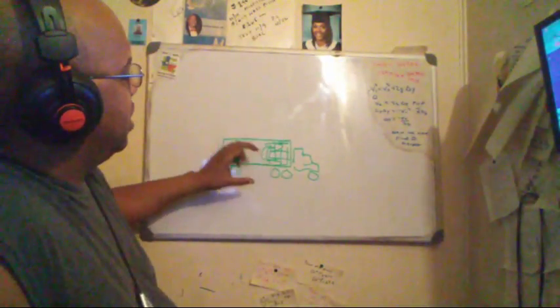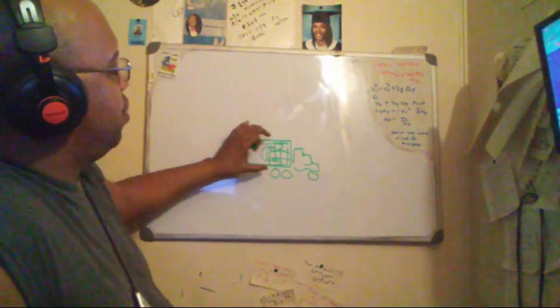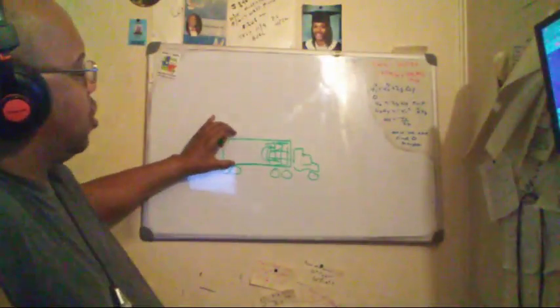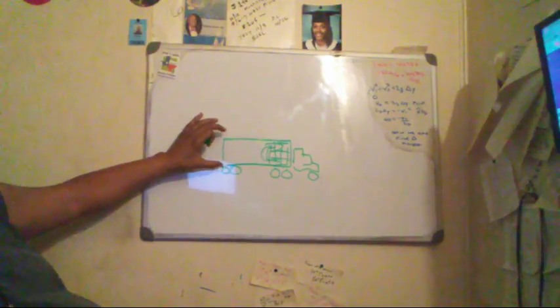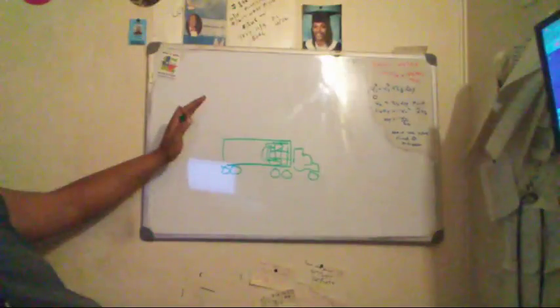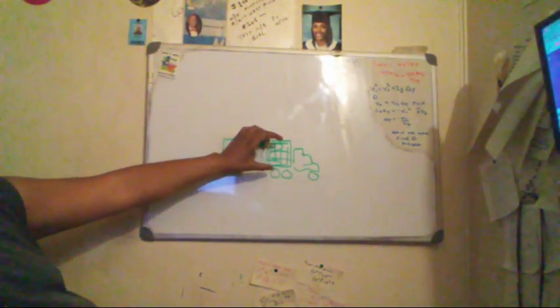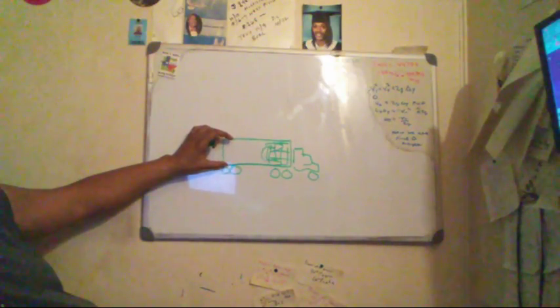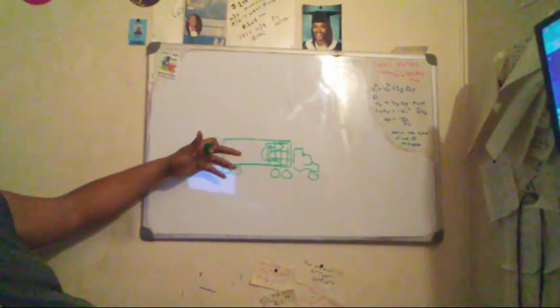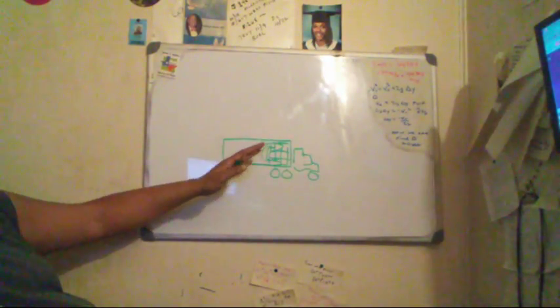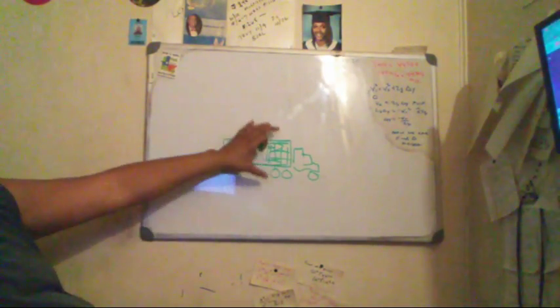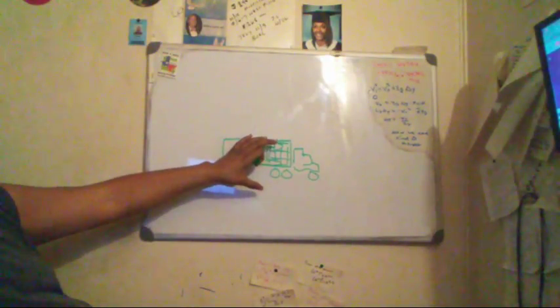If you have the trailer uniformly loaded, that's fine. But we don't want the load back here, and especially not a heavy load. If it's a light load, a couple pallets, that is okay. But if it's a very heavy load, then we want it over the drive tires.